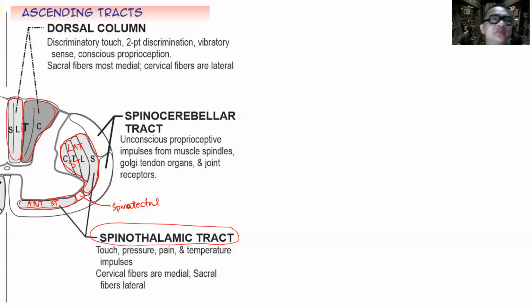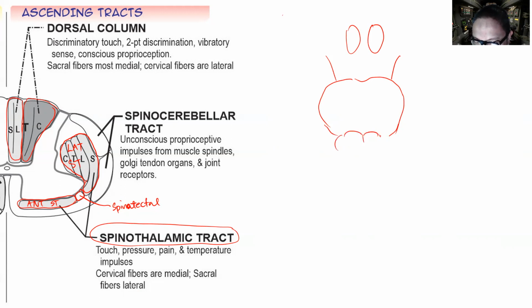Let's go back to your dorsal column. Let's say this is your brain, this is your thalamus, your midbrain, your pons, and then your medulla, and then your spinal cord.